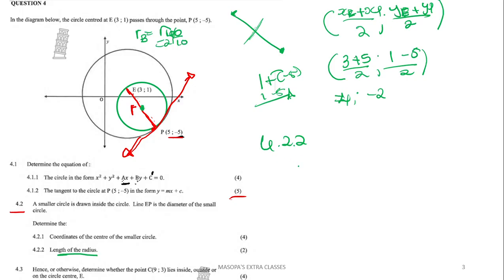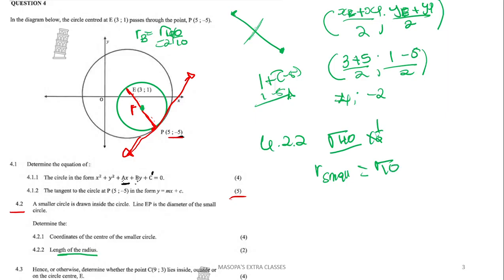Now we're looking for the radius of the small circle, so we can easily divide by 2, meaning root of 40 multiplied by 1 over 2, and you get the radius of the small circle equals root of 10.